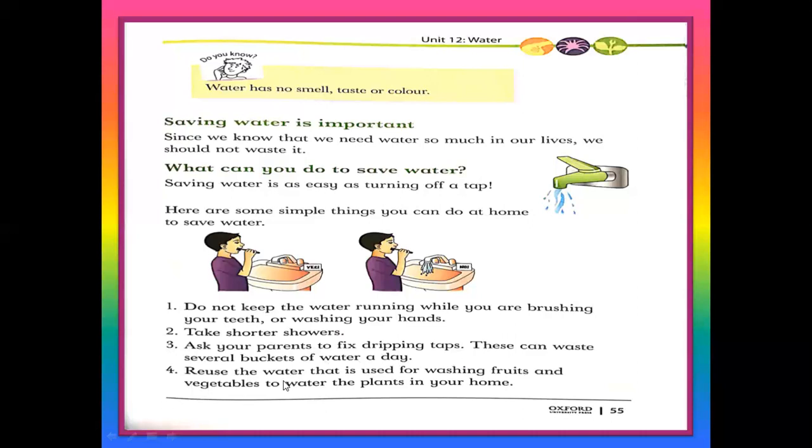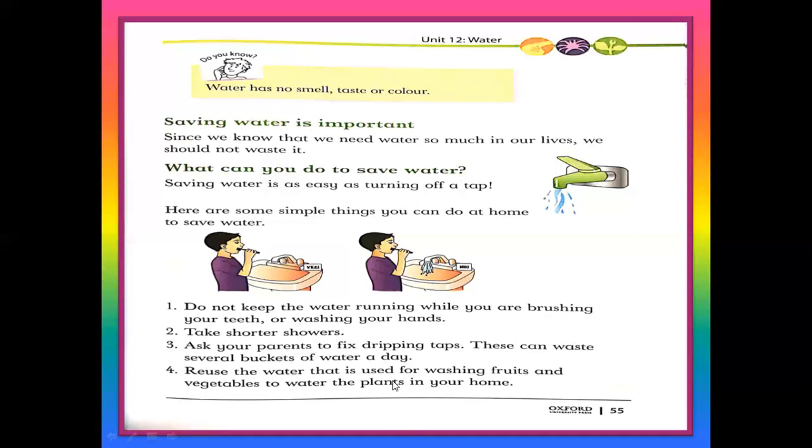Number four, reuse the water that is used for washing fruits and vegetables to water the plants in your home. I mean, the water you use for washing fruits and vegetables, you can reuse again for the plants in your home, but don't use polluted water.